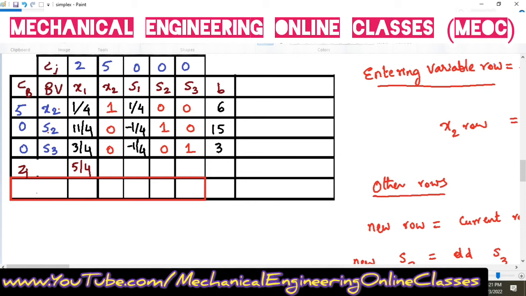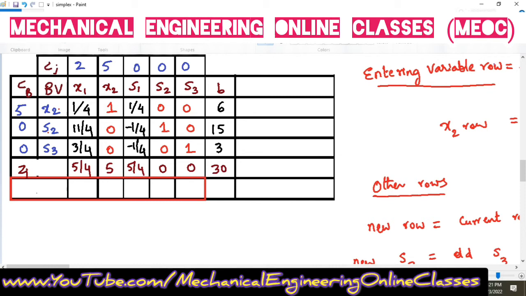Similarly here it is 5, here it is 5 by 4, here it is 0 and 0. And the value of total Z, based on the values we have for x2, s2 and s3 in the original objective function, is 5 into 6 plus 0 into 15 plus 0 into 3, that is 30.